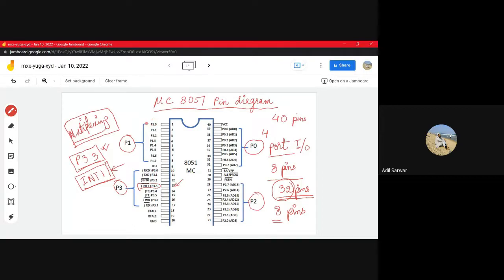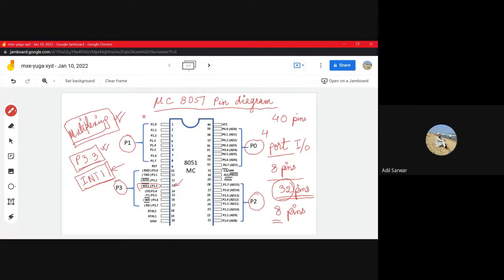Okay, although in 8051 you have only 2 functions at most, each of these functions can happen in isolation. That means one function can take place at one time. Okay, so I hope you understand what is multiplexing.